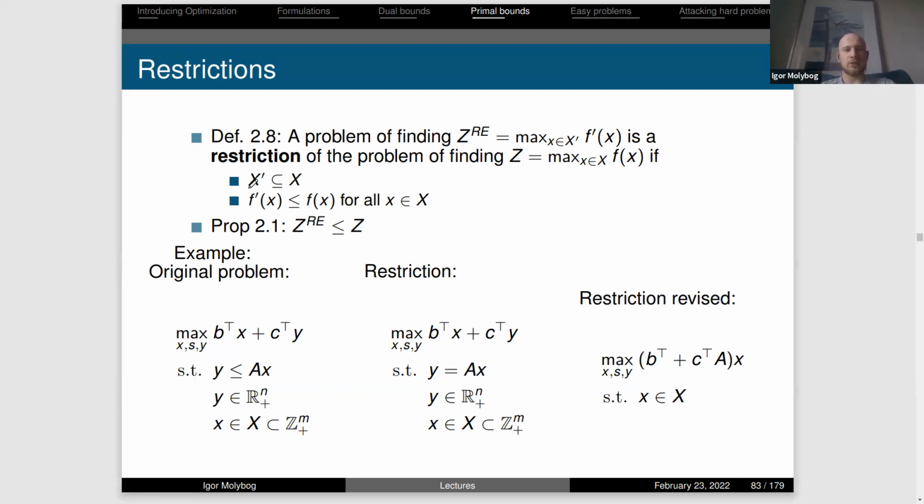It also includes the inclusion of the domains, just the other way around, and it also includes the inequality between the objective functions, just the other way around. And the optimal value of the restriction always provides you with a primal bound for the solution. For maximization, it's the lower bound.